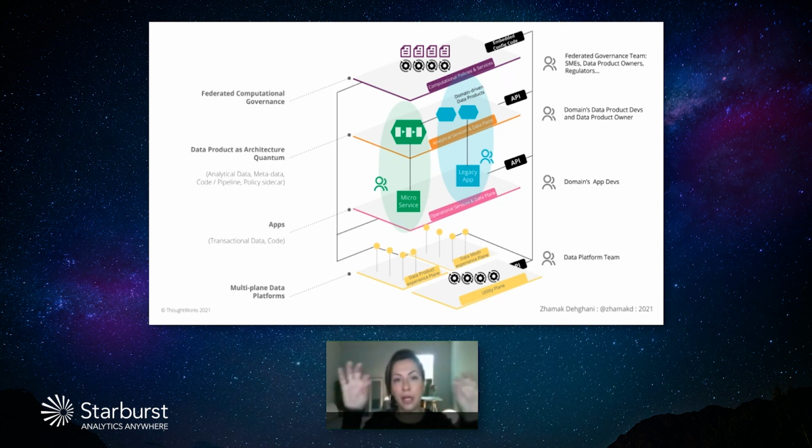Those domains are now responsible for this new thing we call data product or data product quantum, a new unit of your architecture that encapsulates data, the code that maintains it, and policies that gives access to the data as one unit. And those are now not downstream from a labyrinth of ETL jobs. They're right there next to that operational system, but representing historical, temporal, aggregated view of the data for analytical and machine learning use cases, operated by the same team.